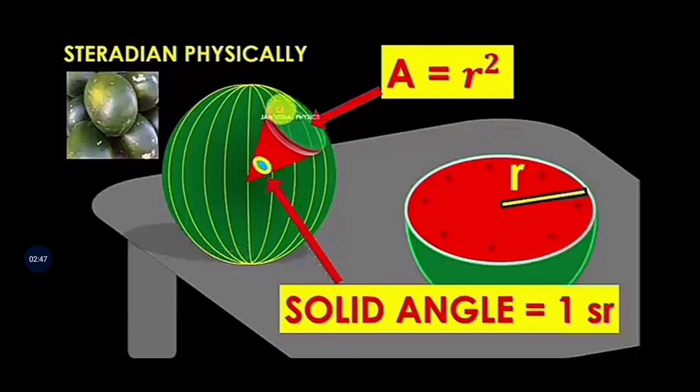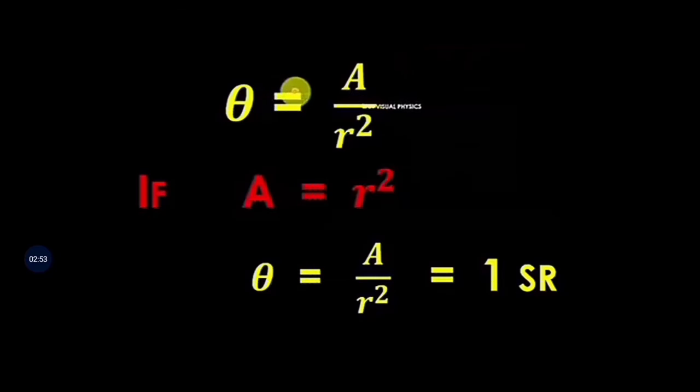And this way we can get a cone of 1 steradian practically. Now we discuss how we can get 1 steradian mathematically. For solid angle, theta equals area over radius squared. If we put area equals radius squared in this equation, we get theta equals 1 steradian.